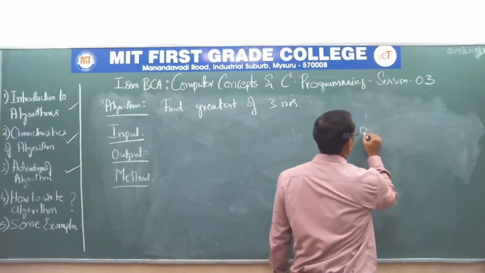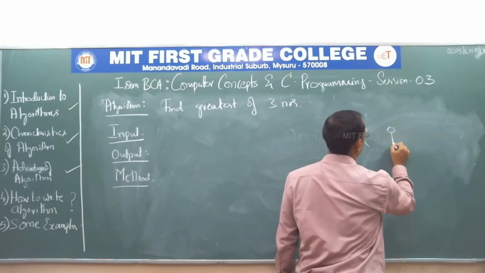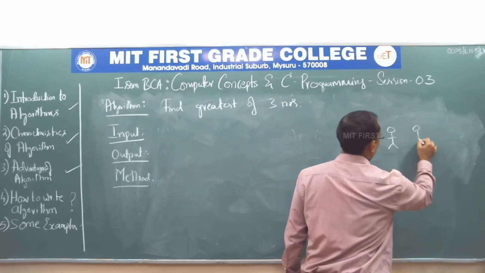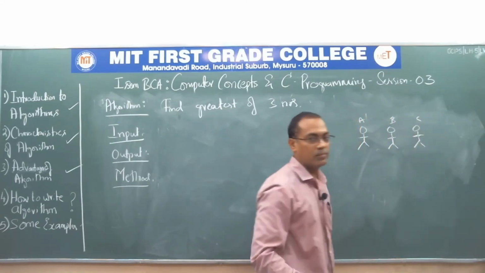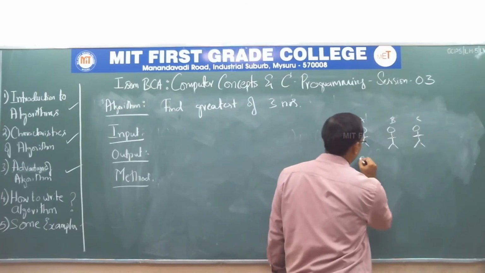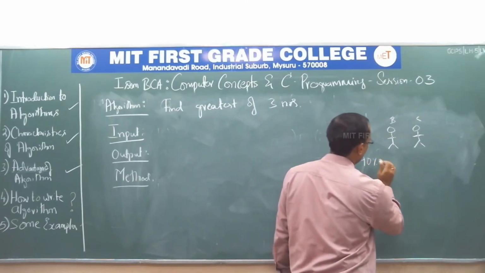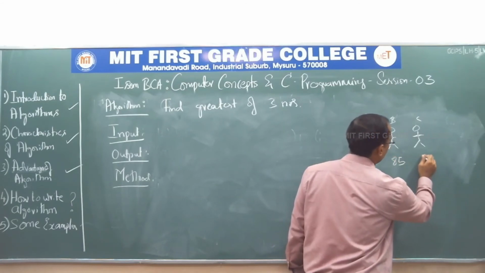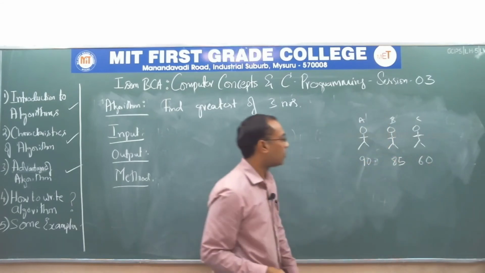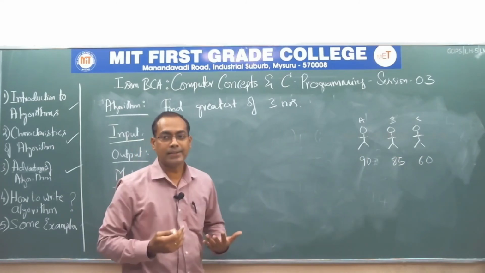Suppose there are 3 students, named A, B and C. If student A has secured 90%, student B has secured 85% and student C has secured 60%, now, who is the highest?